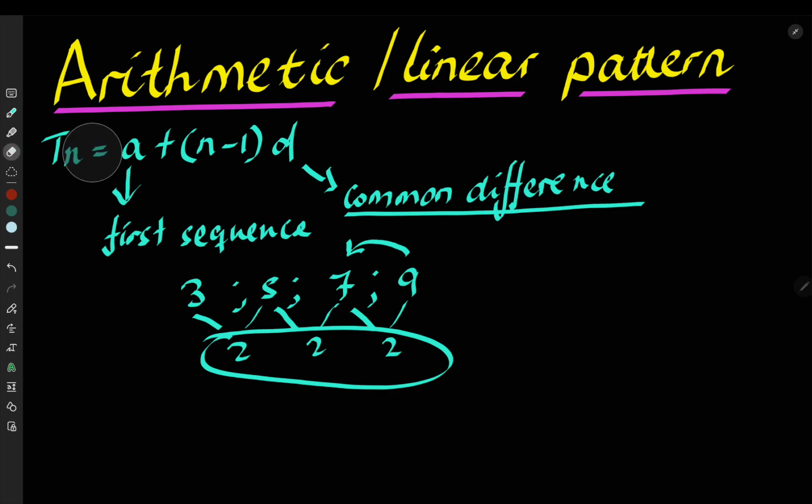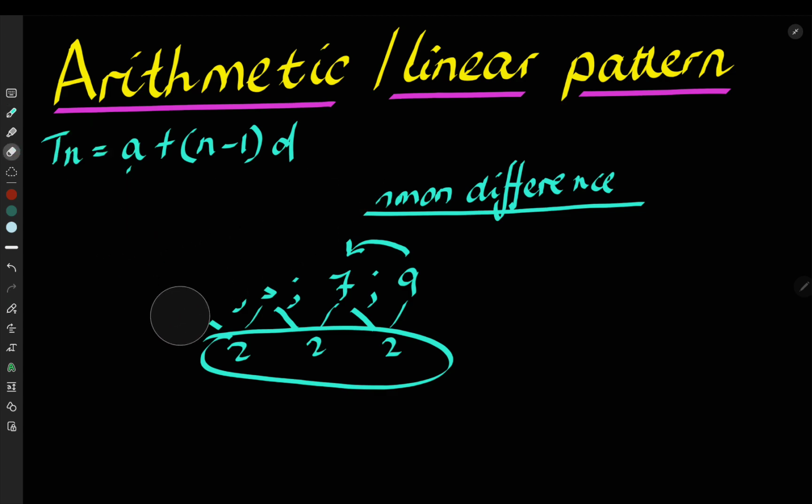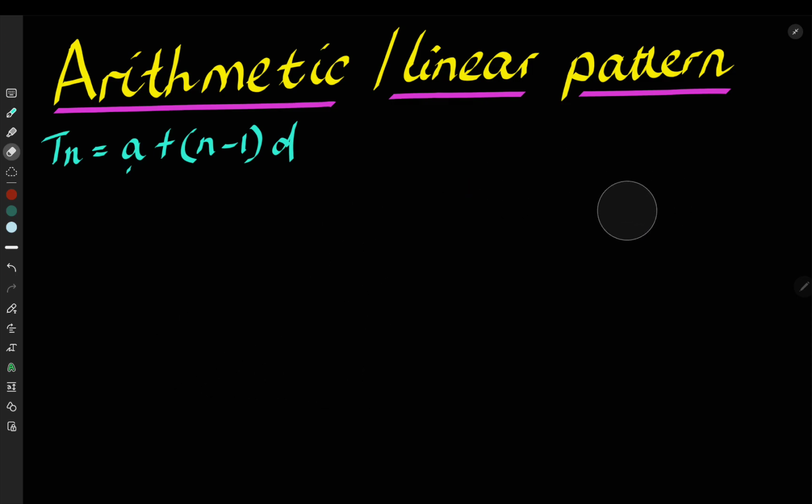Remember that. Then the other thing that you need to familiarize yourself with is that if you take the Tn formula and substitute 1 there, what you are determining is the first term, and that will be equal to a, because 1 minus 1 times d is zero. So you can see that T1 is a.